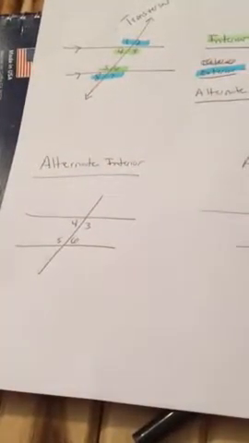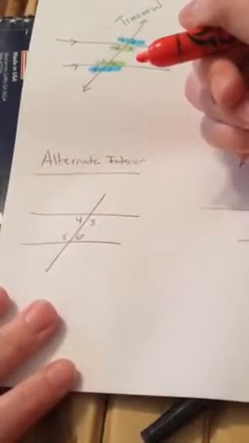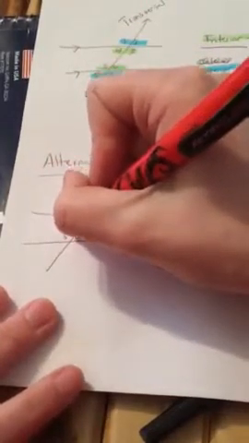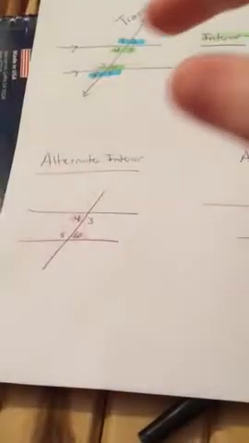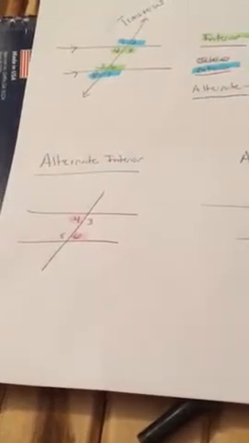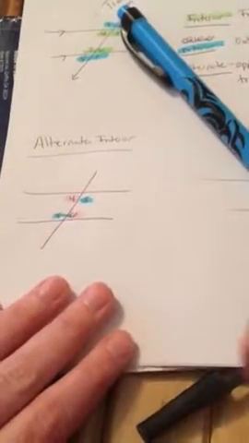So we have alternate interior angles, and that's the actual type that you'll use. We already told ourselves earlier that 3, 4, 5, and 6 were interior. Alternate interior would be 6 and 4. They're on opposite sides of the transversal, and they're not touching in any way. And then 3 and 5 will also be alternate interior angles.